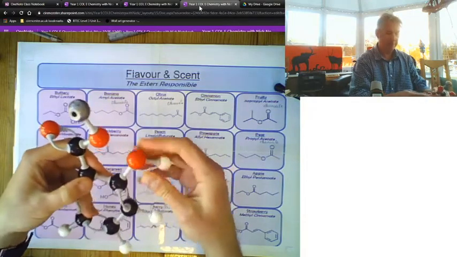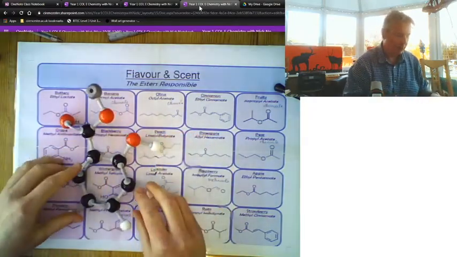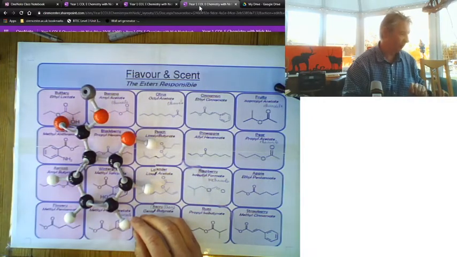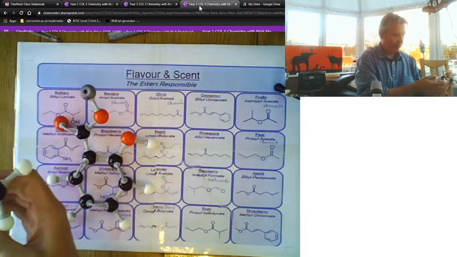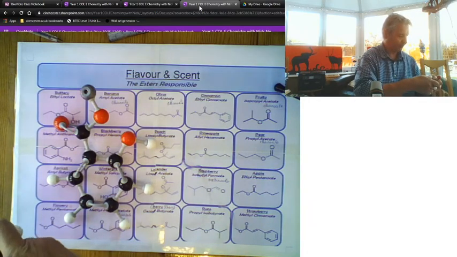That's the sort of big new organic reaction that we're going to be looking at a little bit later on. So to esterify it, we need to put on, let's grab this one.